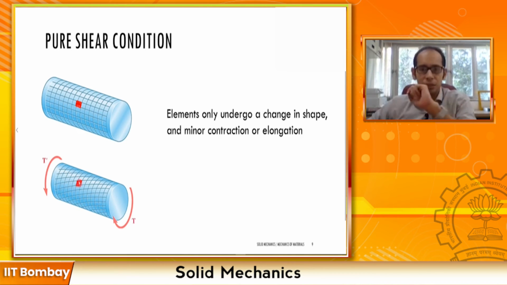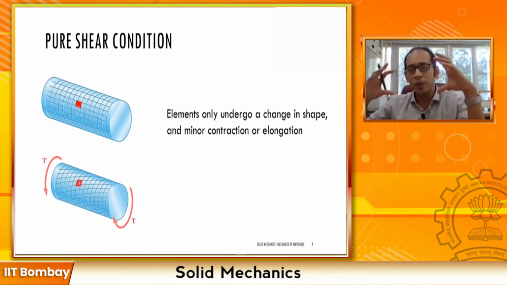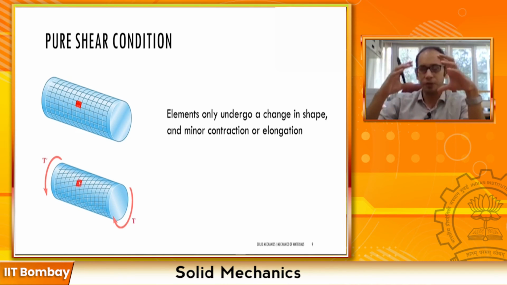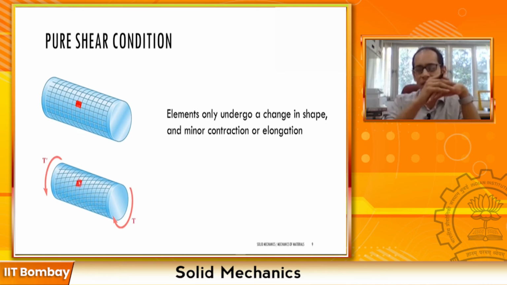So that leads us to a very, very important conclusion, that when you are looking at elements on the surface, or you will see that on the inside as well, wherever you look, and if you take these elements which are perpendicular to the longitudinal axis, see this element which we drew, we essentially connected 4 points on 2 different circumferences to draw this element, and these circumferential sections, remember, are still perpendicular to the longitudinal axis.